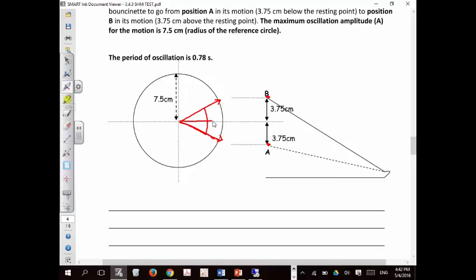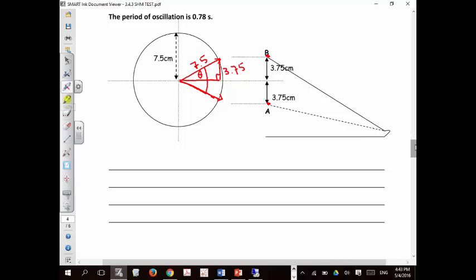So we can draw a right triangle here, and this angle we can work out. This side here is 7.5, and this short side here is 3.75. So we can work out what theta is and then double it, and that will give us the angle that the phasor is swept through, and then figure out the proportion of 360 that is, and it should be the same proportion of the time period. Okay, so let's do that.